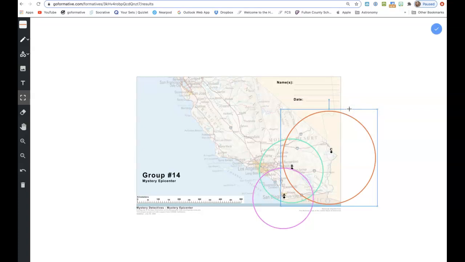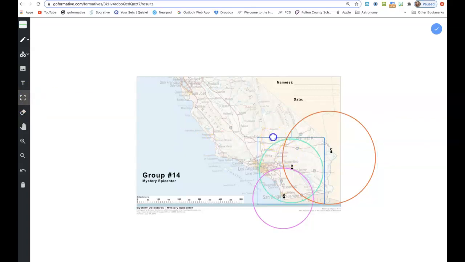Okay, so it looks like I might be just a little off. And so what I can do is go back and re-estimate. But now we have the intersection of the 3 circles. So in this area right here is where the possibility is for the epicenter. Now what I should probably do is go back and re-estimate the size of my circles, or see if it looks like maybe the B isn't quite centered in my circle.